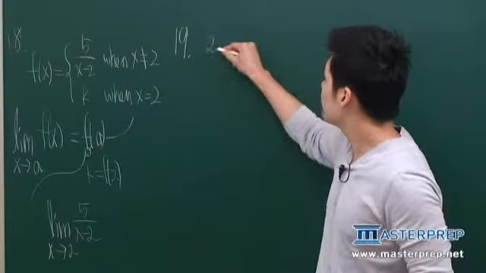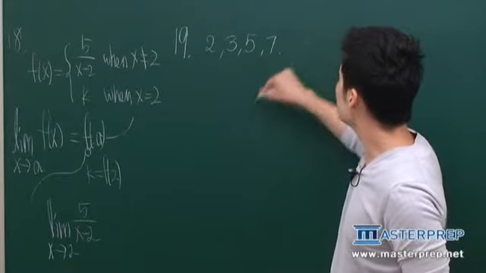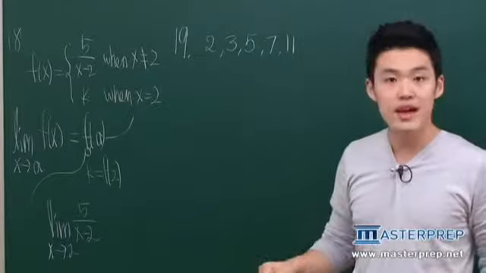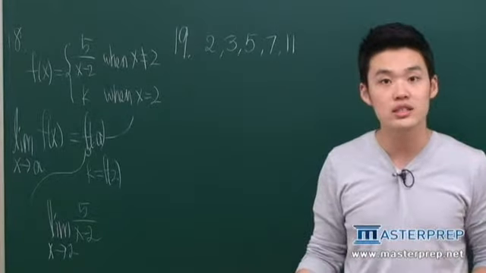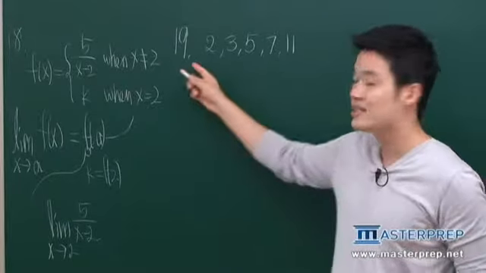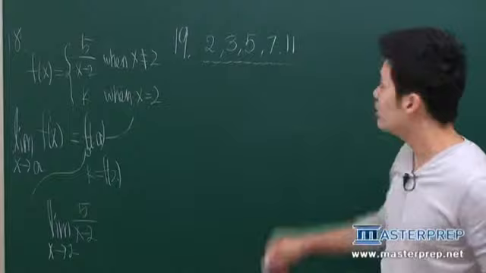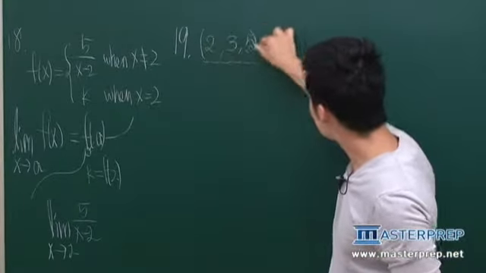We have 2, 3, 5, 7, and 11. And that's it, right? We have 13, but we're looking at prime numbers less than 13. So we have 5, and out of those 5, we're looking at these 3.